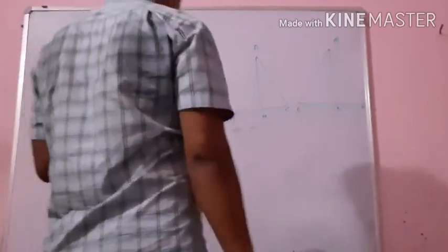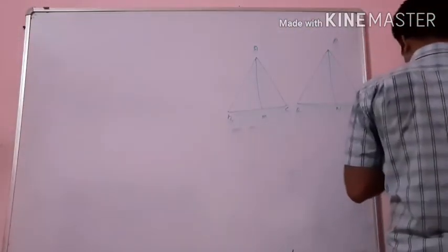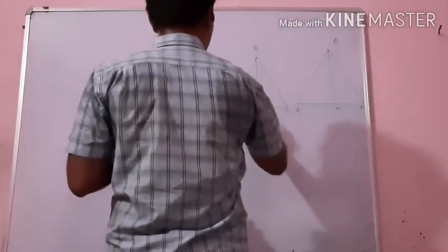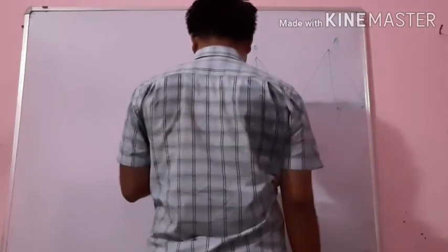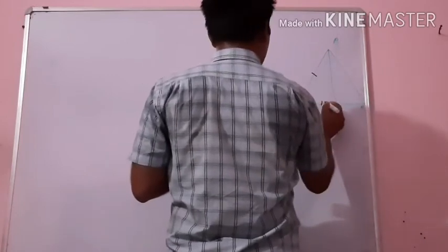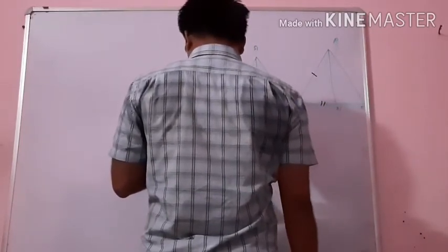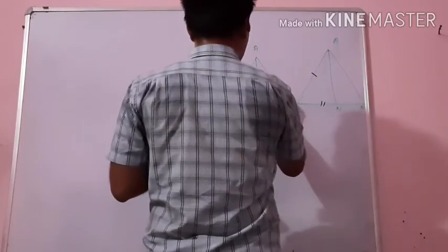AB and BC are equal to PQ and QR. So this is equal to this, and AM of this equals the median of this.